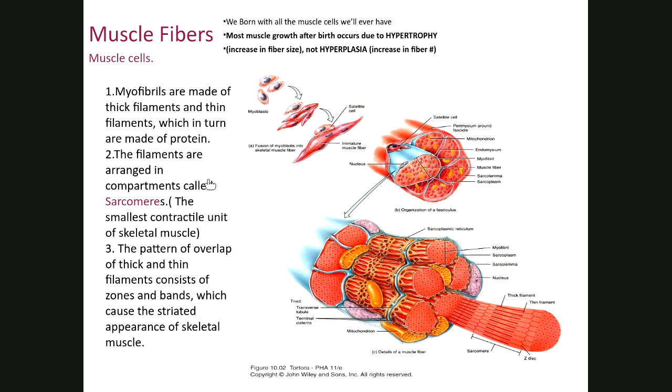So these filaments are arranged in these compartments called sarcomeres, and the sarcomeres are considered the smallest contractile unit of skeletal muscles. And these patterns of thick and thin filaments make the pattern of striations when we look at skeletal muscle under a microscope.